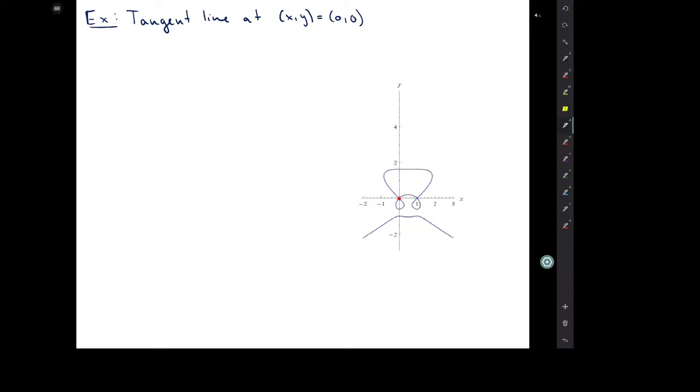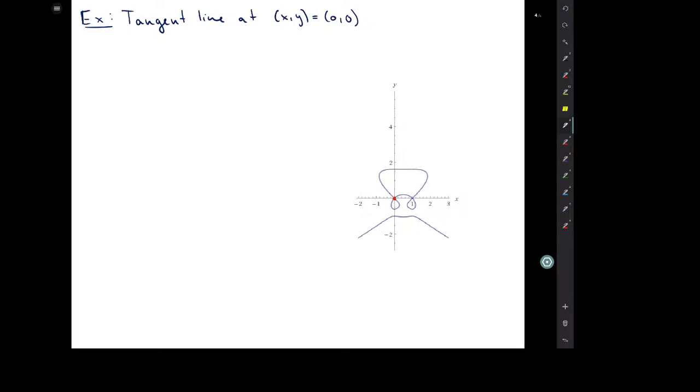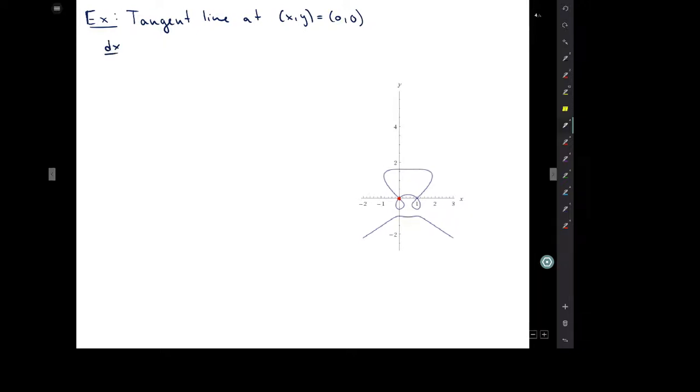So if we take dy/dx and we plug in this point (0, 0), so we plug in x equals 0 and y equals 0, we are going to get, okay, so 4 times 0 cubed minus 6 times 0 squared plus 2 times 0 divided by 6 times 0 squared plus 2 times 0 minus 5 times 0 to the fourth.